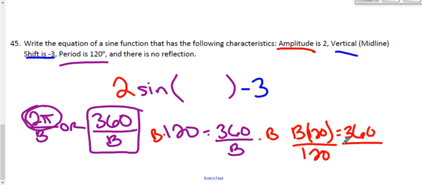So 360 divided by 120 will give me the b value here. And 360 divided by 120 is 3. 3 is the b value, so 3 times x. There we go. So 2 times the sine of 3x minus 3. And that equation is all set.